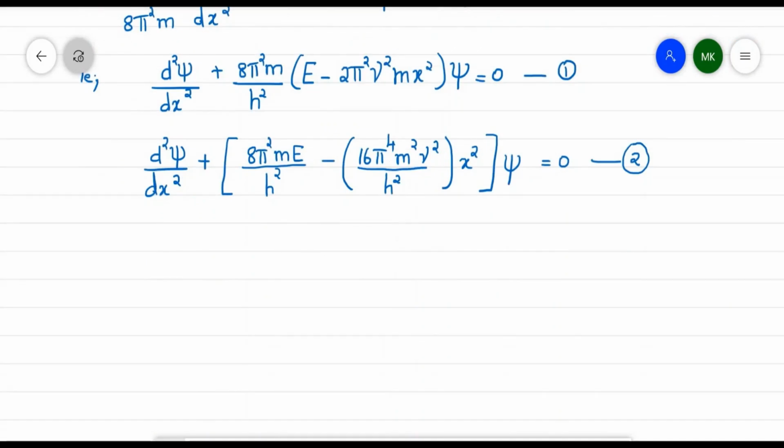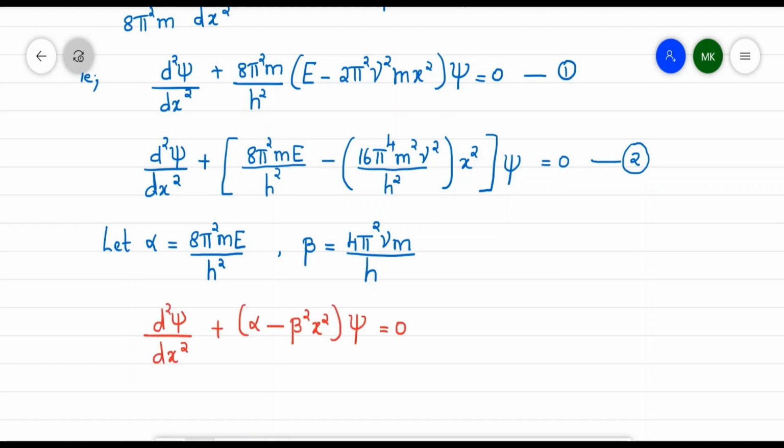Now we are going to make a substitution. Let alpha equal 8 pi square m E by h square and beta equal 4 pi square nu m by h. Substituting alpha and beta in equation 2, we get d square psi by dx square plus alpha minus beta square x square into psi equals 0. Equation 3.